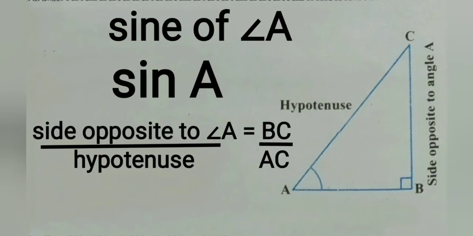Sine of angle A, also called sine A, is side opposite to angle A upon hypotenuse, which is the ratio of BC upon AC.